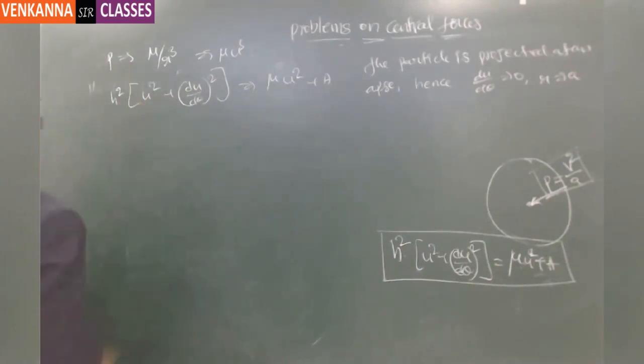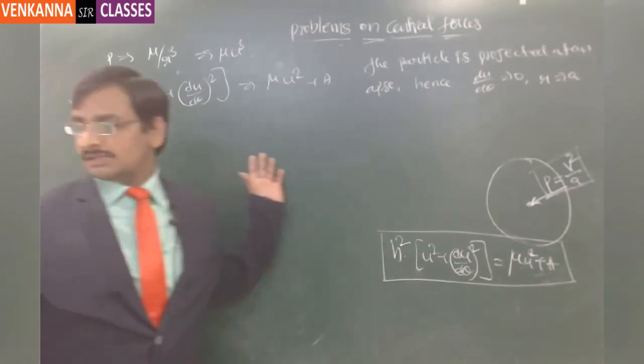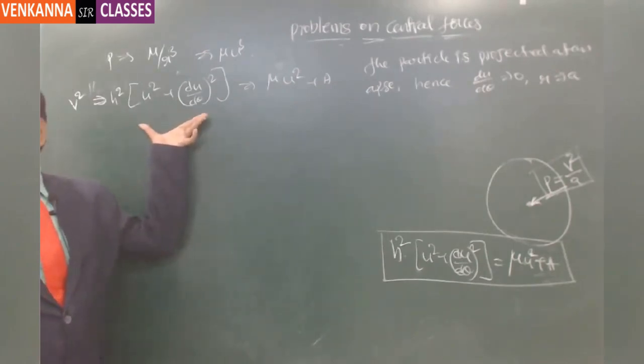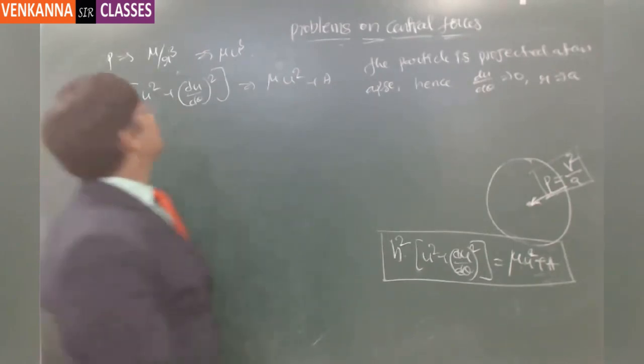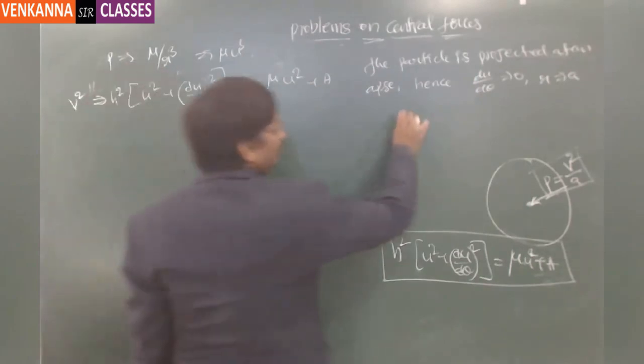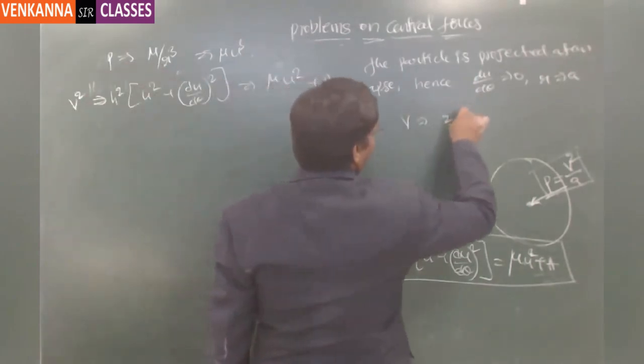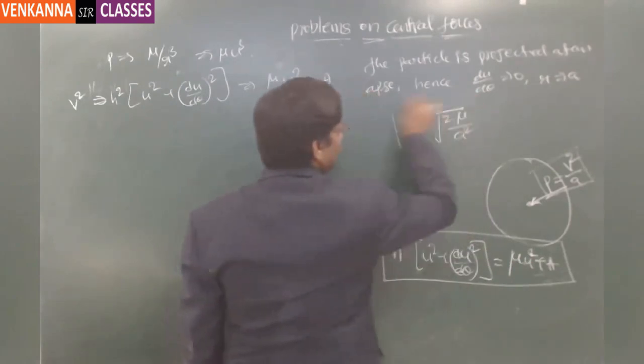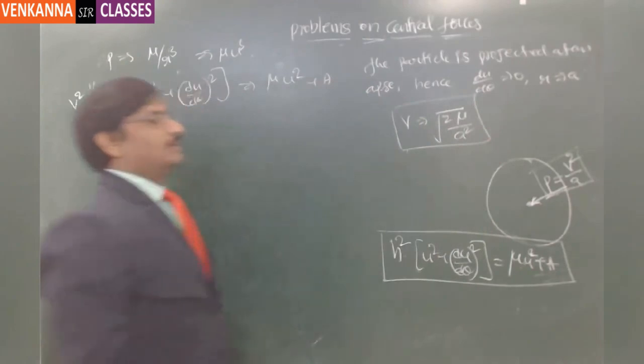Right? Now h square, and this value actually, if you notice, this is the velocity of the particle when it is trying to travel in a central orbit. So v square value we have got on the left side. And the velocity of the particle we have calculated, that is 2 times of mu by a square under root. So this is the velocity of the particle, which was given initially.